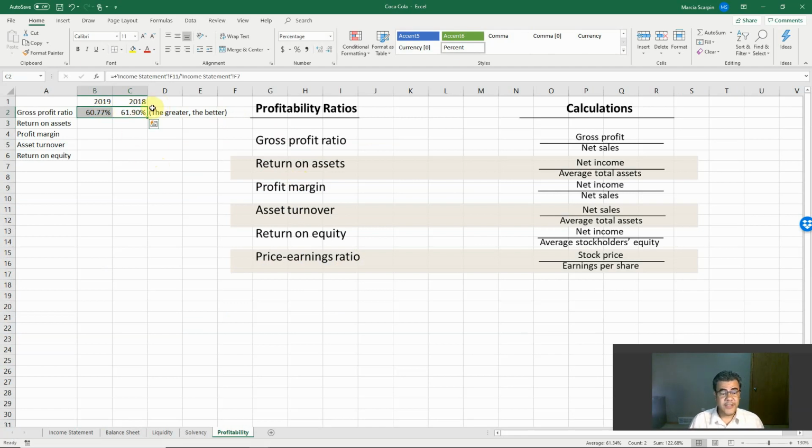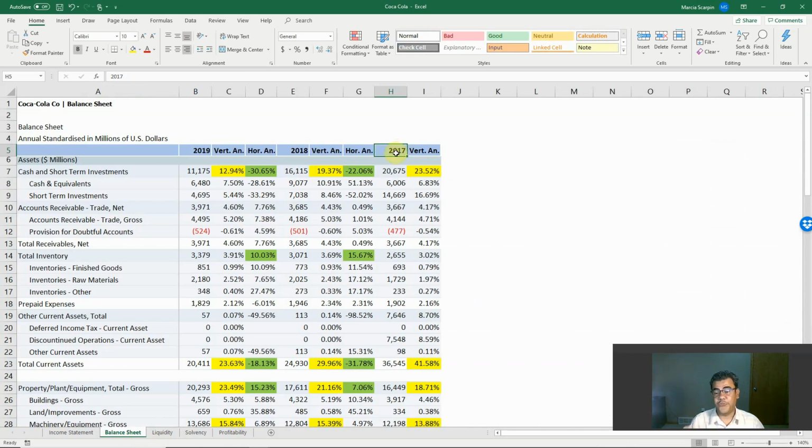Why don't we have 2017 here? Because, for instance, this ratio here, we need the average. When we need the average total asset is current year plus previous year divided by 2. So we work with 2017 only for this average. Okay?